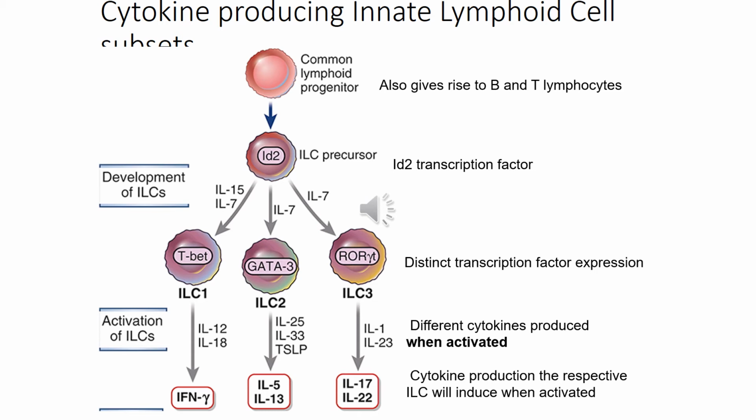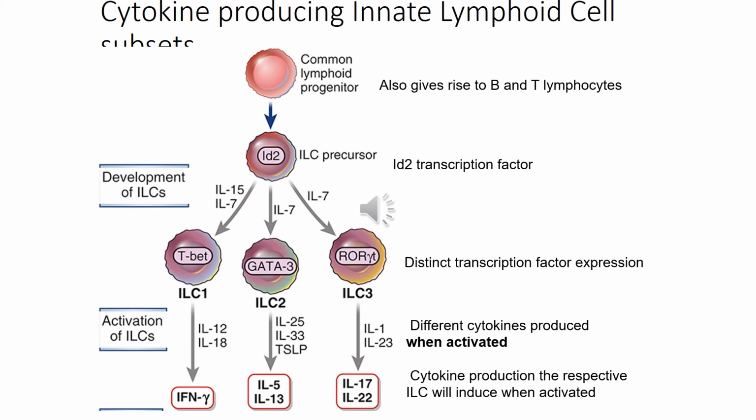From the ILC precursor, the 3 subsets are distinguished by 3 different transcription factors. So the ILC1, which is producing Th1 type of cytokines, is distinguished by the expression of T-bet, which is also a transcription factor expressed by Th1 T cells.